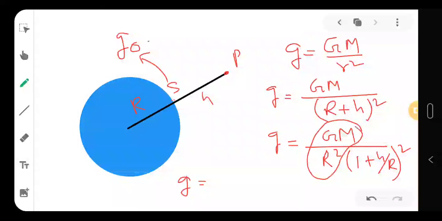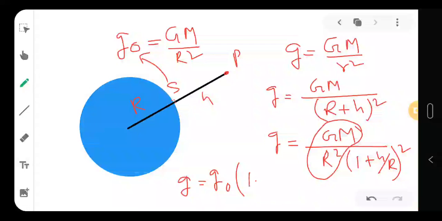Now you can see this part is nothing but your G0, that is, when your h is 0, so your r is the distance, that we call the value of G at our surface. So this is Gm by r square, so I can write here G0.